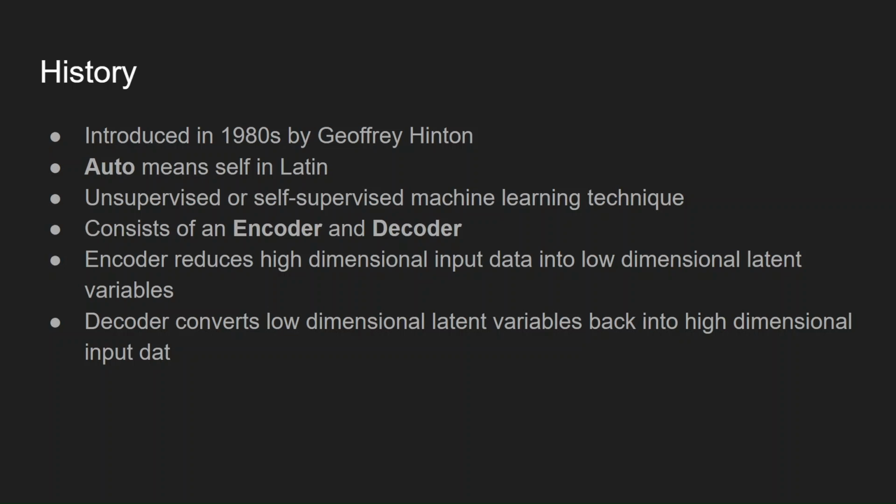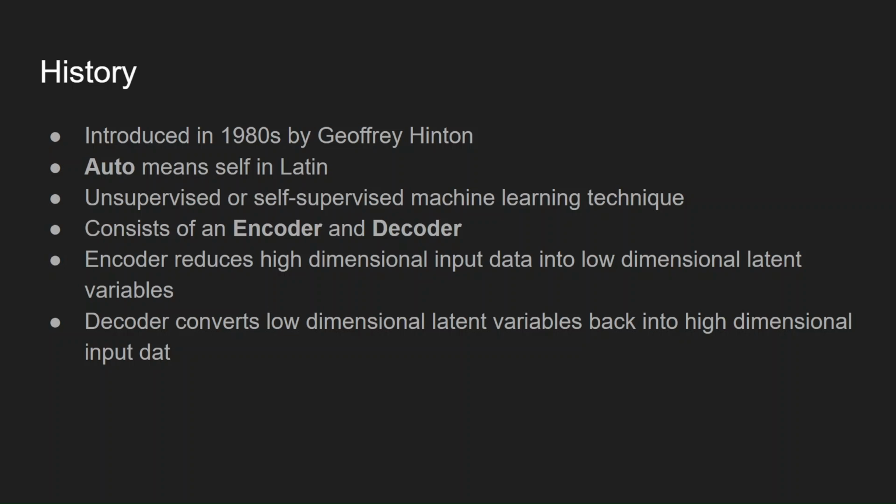An autoencoder consists of two main blocks, the encoder block and the decoder block. The encoder block reduces the high dimensional input data, which in our case is going to be an image, into a low dimensional latent variable. So we are going to go from 28 by 28 by 1 in case of MNIST to just two variables, and those two variables will have all the information about a particular image.